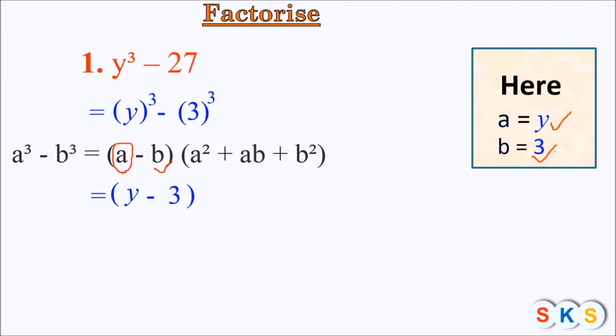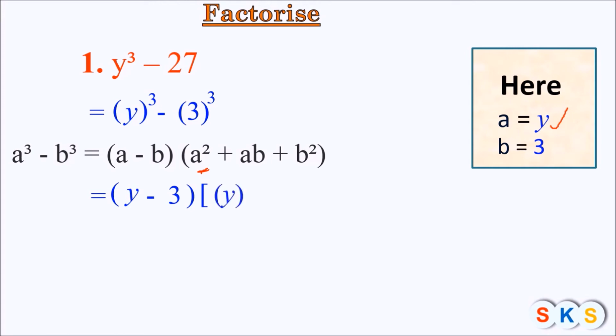Same way we are going to substitute value of a and b in the second bracket. So here we have a bracket. Now here we have the first term as a square, right? And what is the value of a? It's y. You can see in the rectangular box. So we will replace a by y.